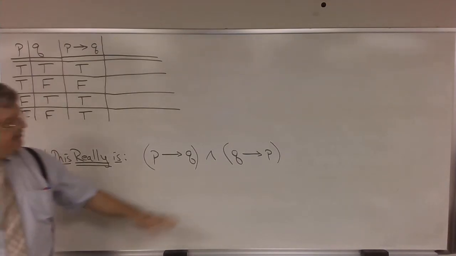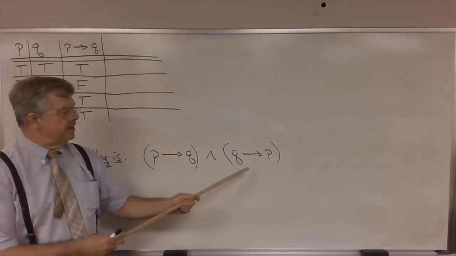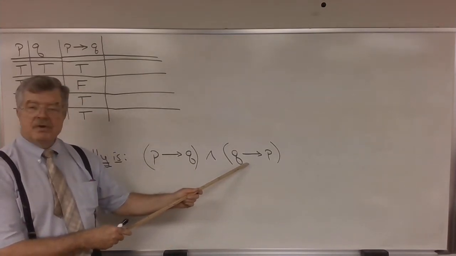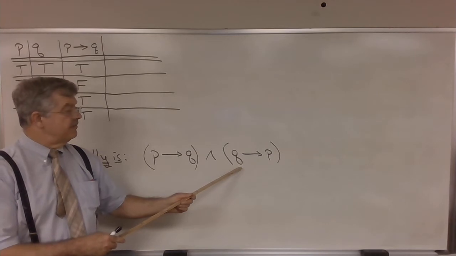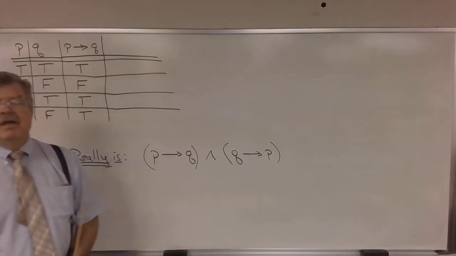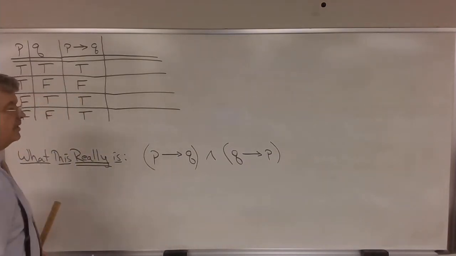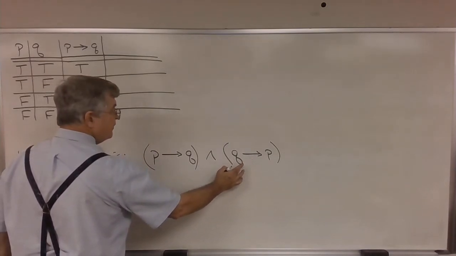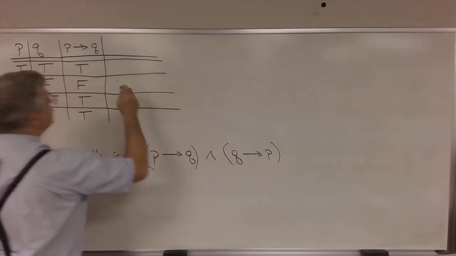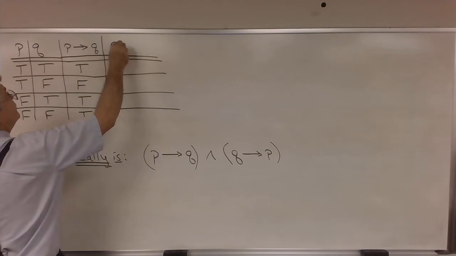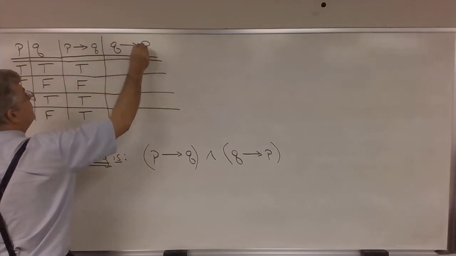Now, this whole statement is also made up of the conditional statement Q implies P, or if Q then P. So I'm going to get the truth values for if Q then P, and I'll put those truth values in this column.